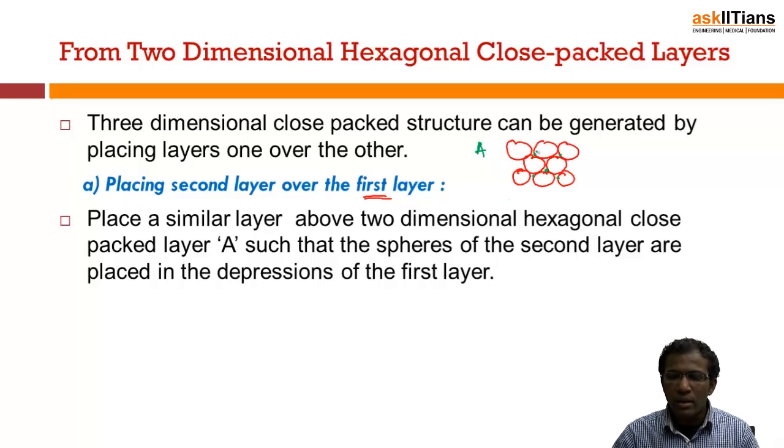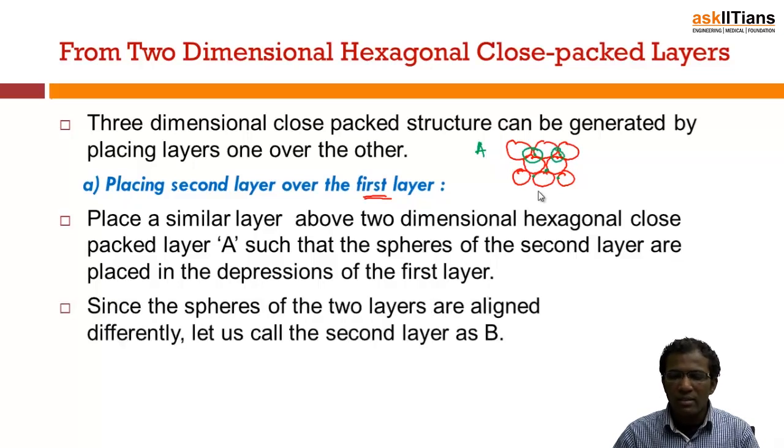So place the spheres of the second layer in the depressions of the first layer. That means you place one here, one here, like this. If you place them like this, you will get a layer quite different from the first layer. So let's call the second layer B. The first layer at the bottom is layer A, and above it we have layer B.